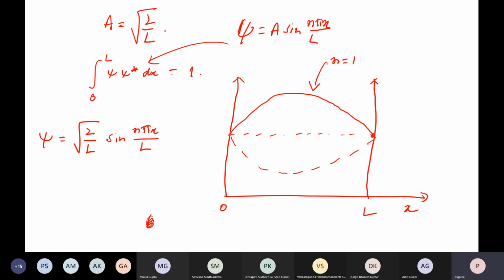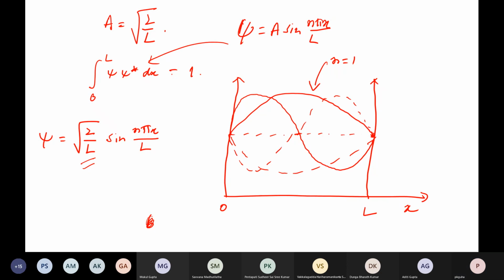Similarly, for n equal to 2, you get a waveform like this, and in the next half you get a waveform of this type. But you remember that the amplitude is the same for all values of n, so you will get the same amplitude waveform. But the periodicity will differ because it depends on the value of n, right?